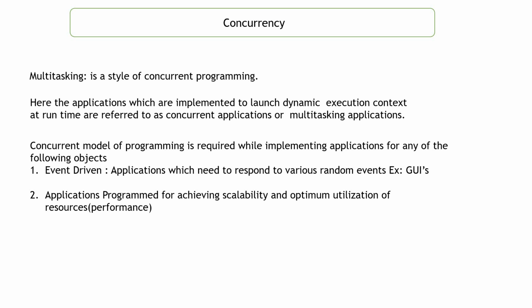First is event driven. In event driven, the applications need to respond to various random events, for example, graphical user interfaces. The second is applications programmed for achieving scalability and optimum utilization of resources, which is calculated in terms of the performance of the concurrent model.